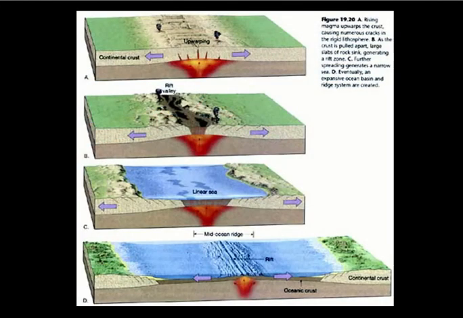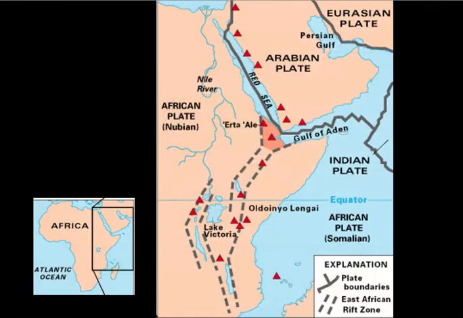Here the series of drawings shows upwarping from a hot spot underneath, then it becomes a rift valley, then a linear sea, and then starts to develop a mid-ocean ridge. This is actually what the Red Sea looks like now, with a mid-ocean ridge which has developed oceanic crust at the bottom of it.